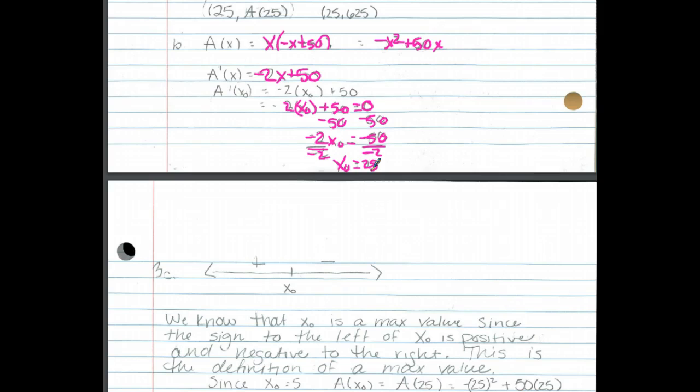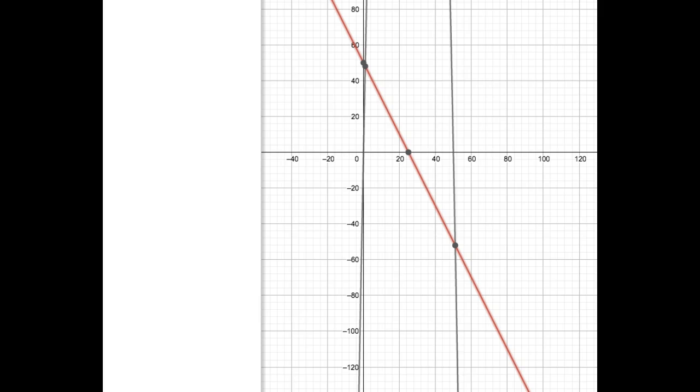Then it says that we need to graph this. So when I use GeoGebra to graph this, you can see that on the left side of our x sub 0, which again was 25, it is positive.